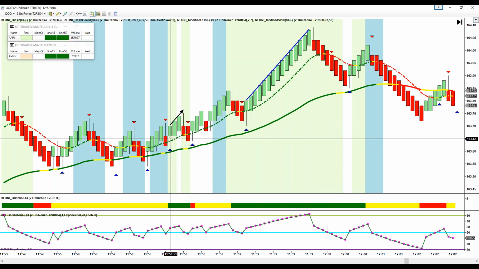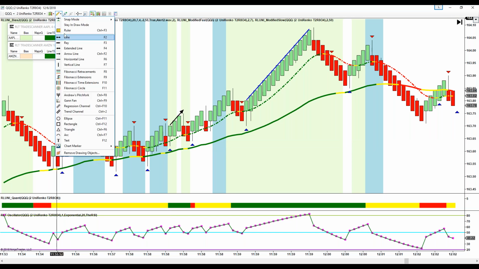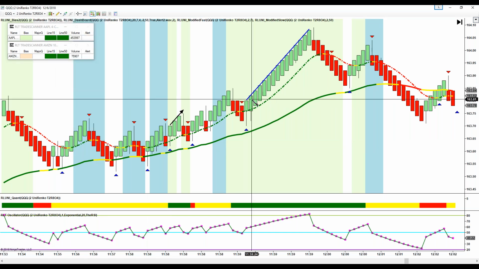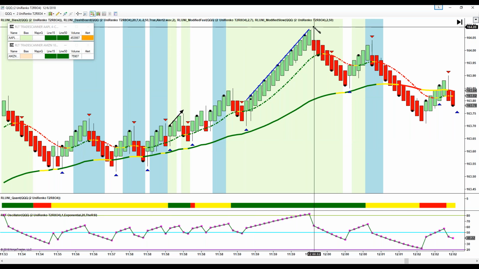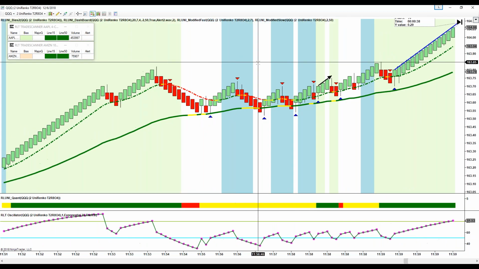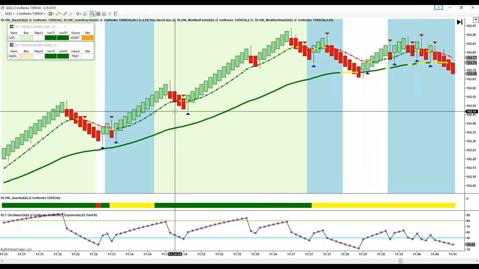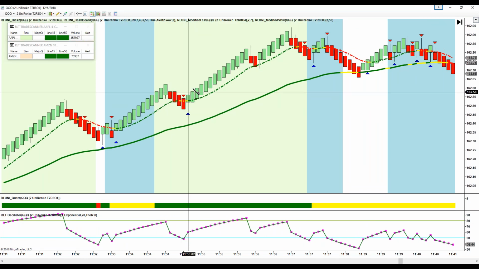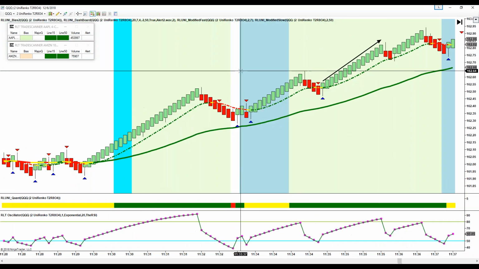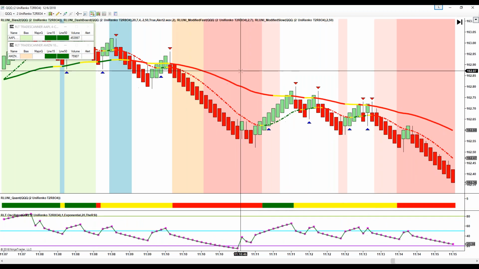It's only 11 cents. So if this stock comes back against you, you're out 11 cents. And if you get a winner, here's 29 cents. So it's close to 3 to 1. There's another entry and another winner. And there's a whole bunch of chop. Now I could go on and do this, I swear, forever.